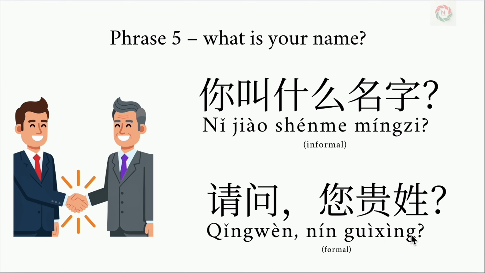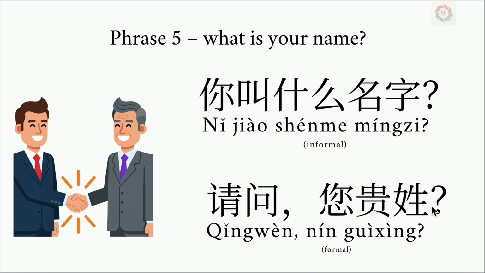So if you notice, this G at the end is not pronounced. The G doesn't come out, but instead this G gives it a ringing sound towards the end. So 请问您贵姓? Like saying, what is your honorable surname?